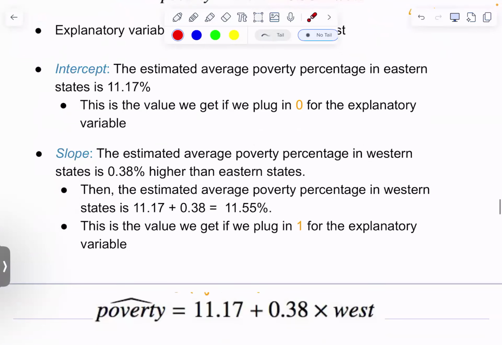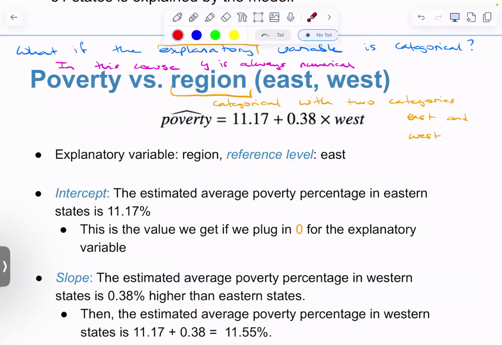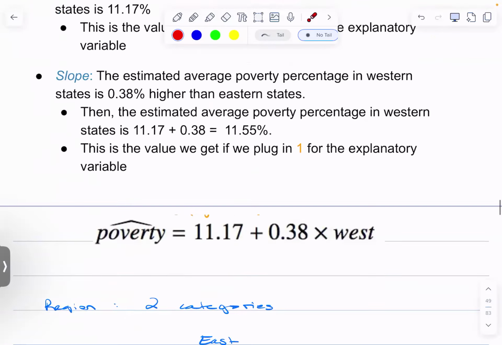The slope is 0.38, because it can only go between 0 and 1, a 1 unit increase. If we plug in a 1 for the West, we get 11.55. So that's kind of fun. They're little cuties, zeros and ones, just little dummy variables.